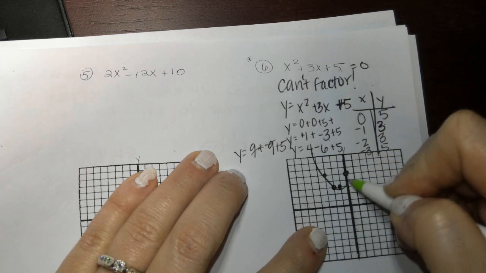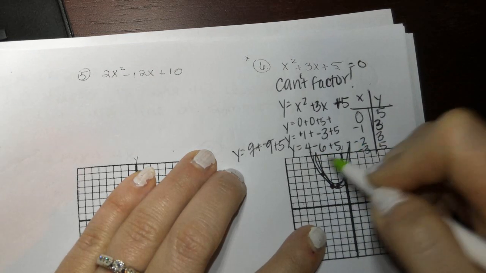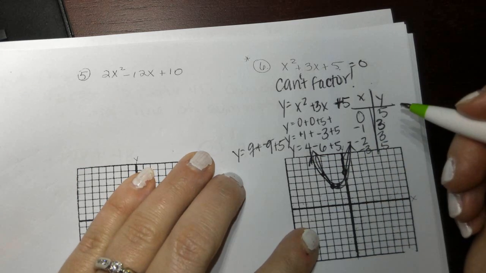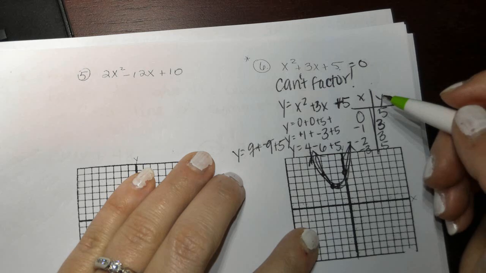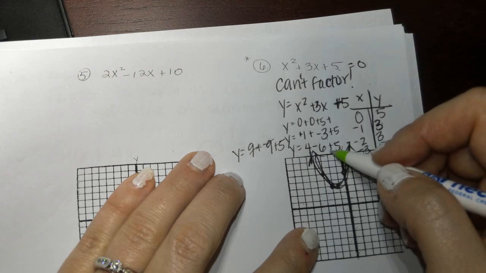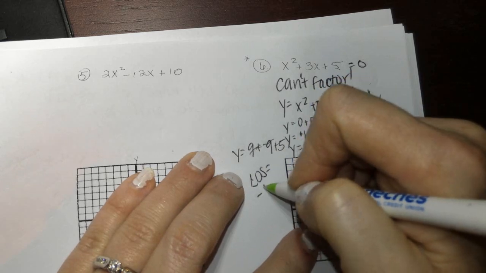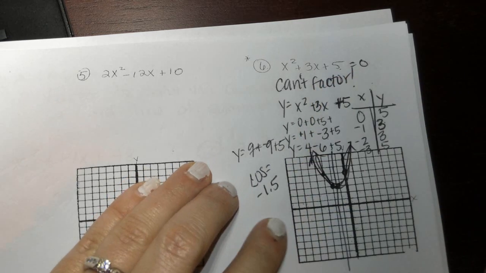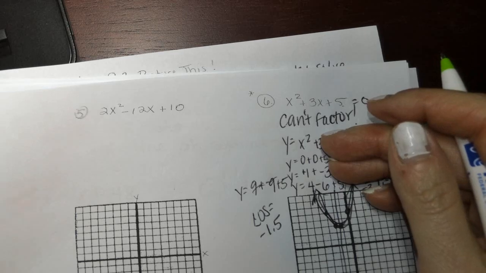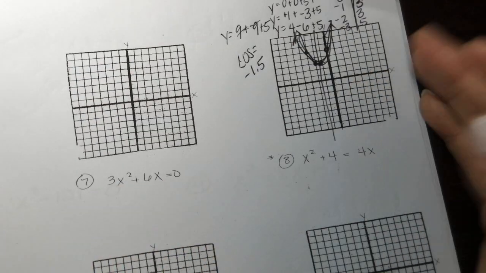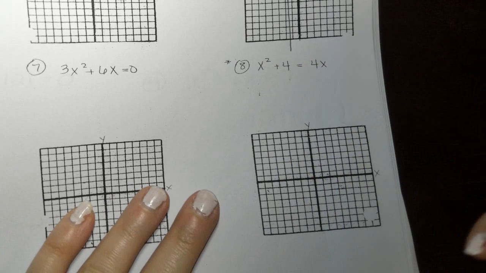So you can see the parabola. Kind of crazy. Okay, so our line of symmetry is going to be here. So our LOS is negative 1.5. Okay, well that was a tricky one. And let's do number 8.